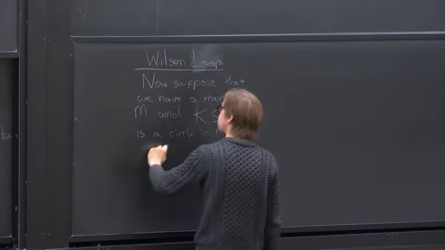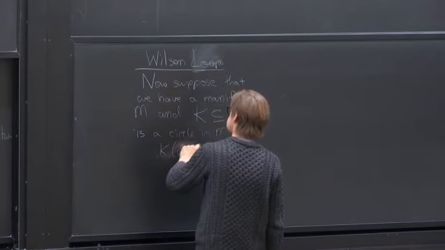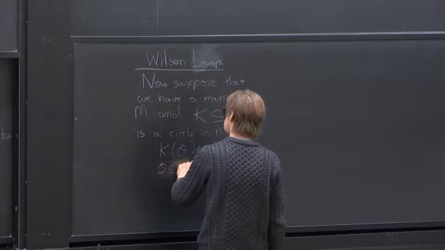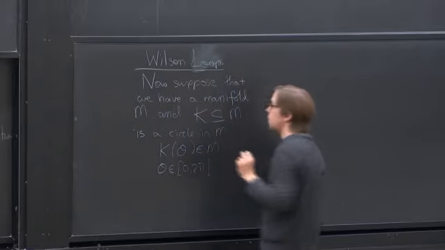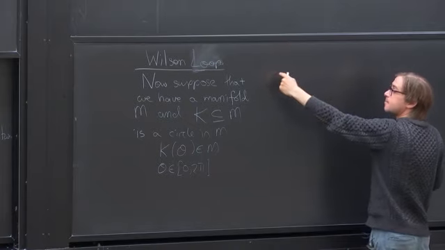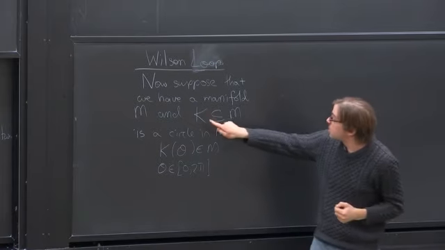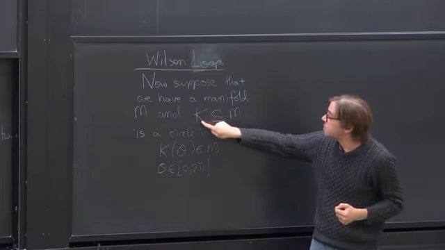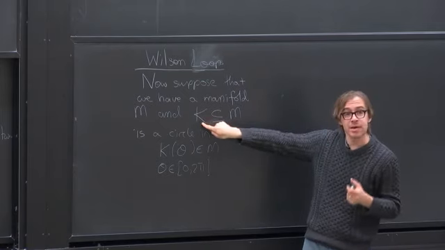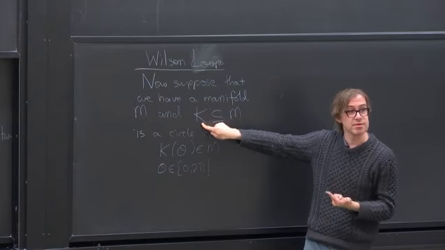Give it a parametrization K of theta. Okay. Then it turns out that although there are no point-like observables, there are observables that you can build by averaging your gauge field over this circle, and these observables are not trivial.